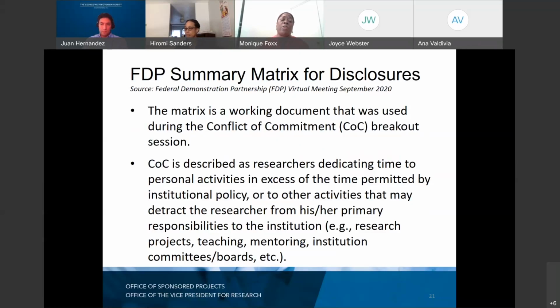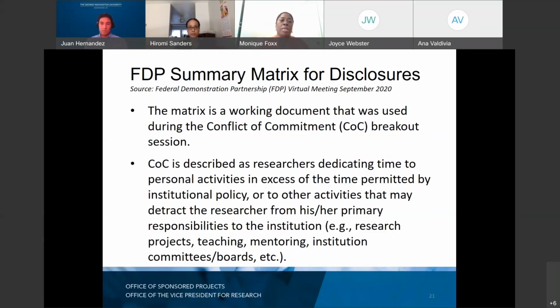There is still a need for harmonization. As you know, each federal agency has a different definition or different instructions for their expectations when disclosing. So that is another big area for focus, harmonization, bringing more of the federal agencies in line with their instructions around disclosures.